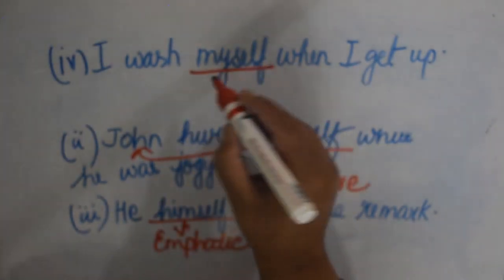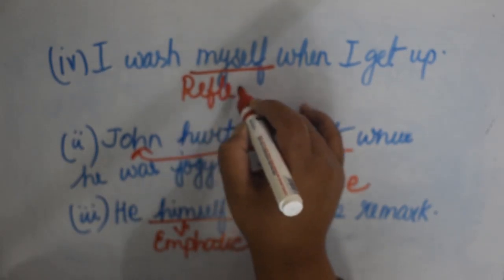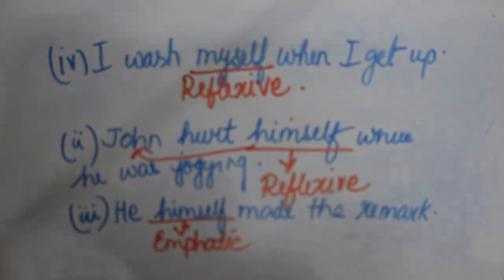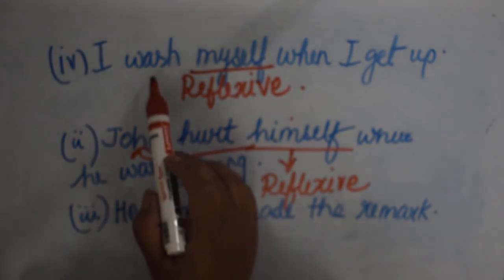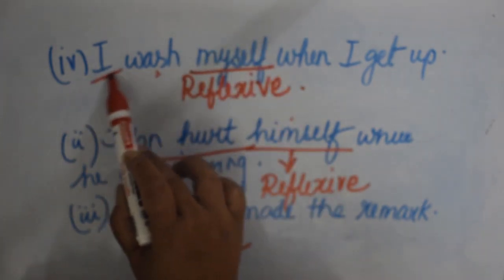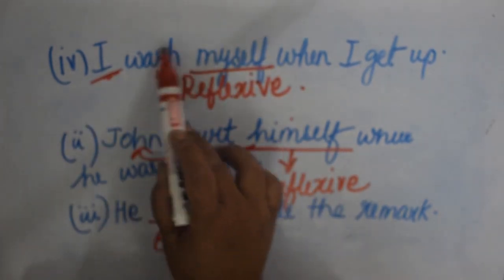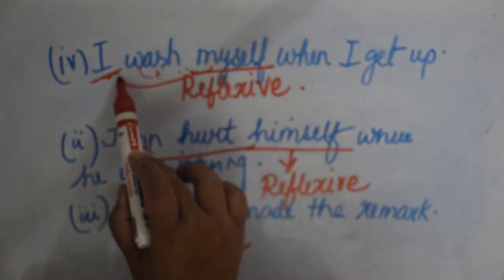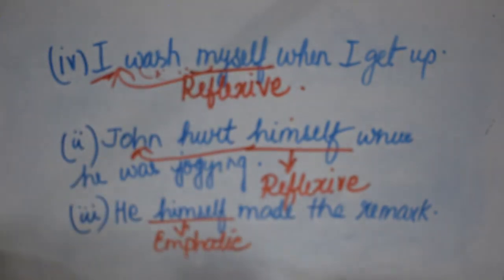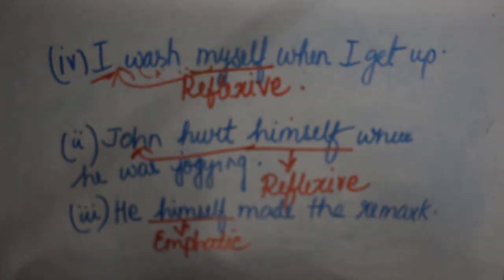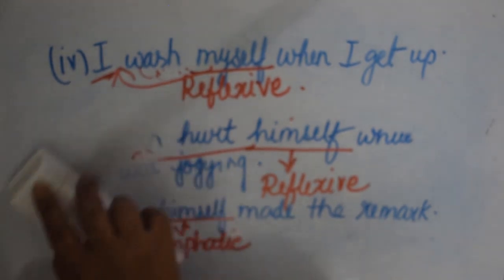Myself will be reflexive because the question arises, I wash whom, and the verb wash is getting an object. I is the subject, the object for wash is myself, and this object is returning its meaning, getting connected to the subject I. All right, so that's why myself will be a reflexive pronoun.